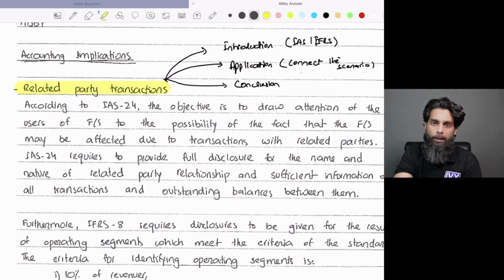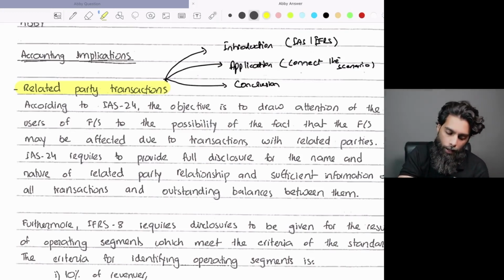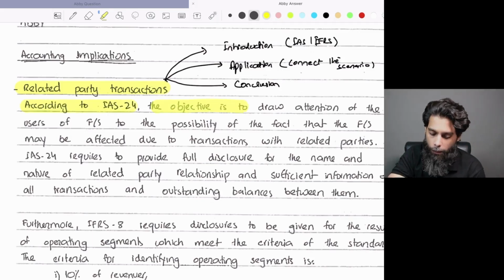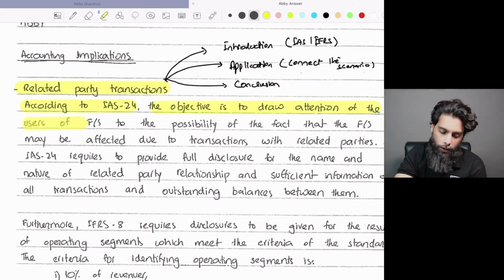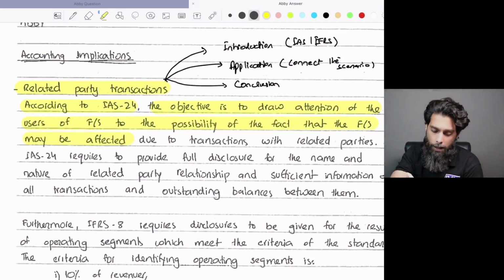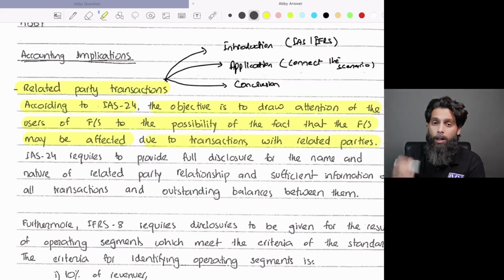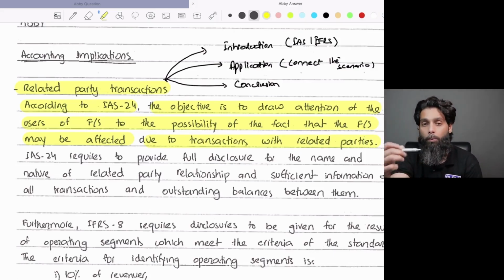As far as the introduction is concerned, the first part of the question was all about IAS 24. So how do you approach this? You start writing: according to IAS 24, the objective is to draw the attention of the users of the financial statements towards the possibility that the financial statements may be affected due to transactions with related parties. Again, you need to remember what each and every accounting standard says.